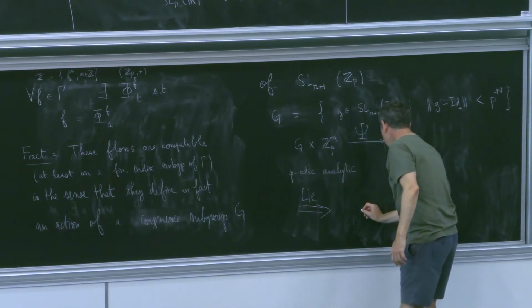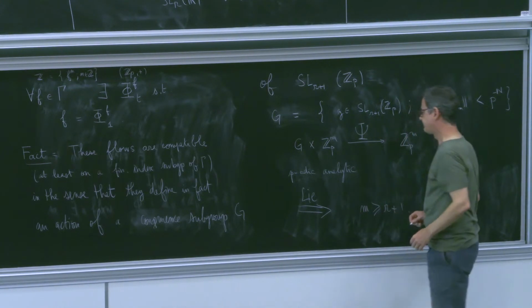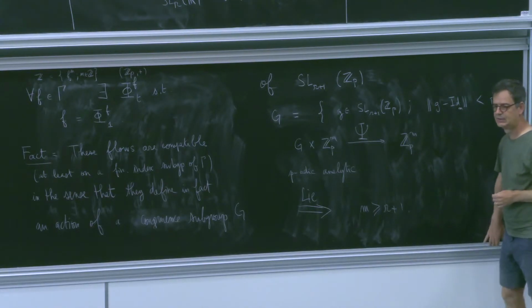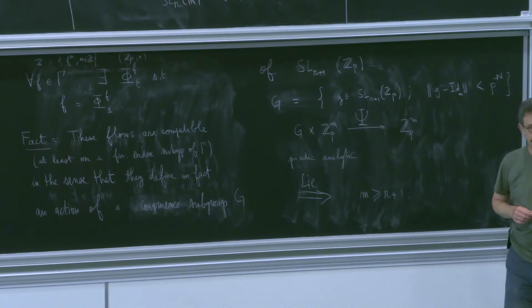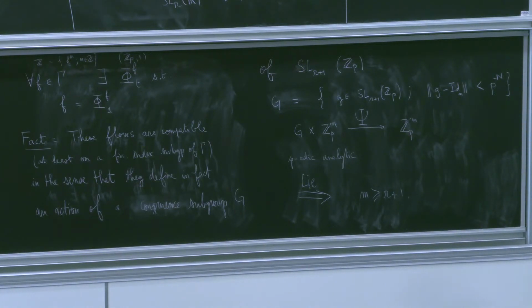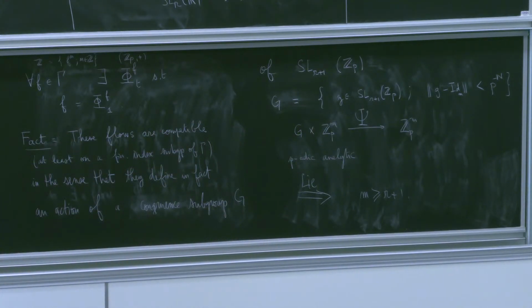You get that M is at least R plus 1 in this example. So this is what you get. Somehow it's simple. Where did I cheat? It's when I just say the crucial fact is this; you have to prove this fact.